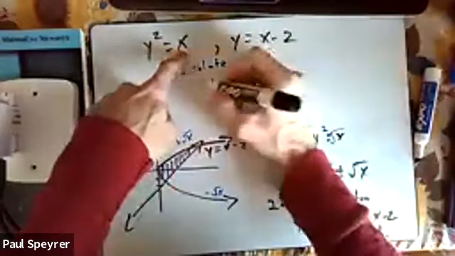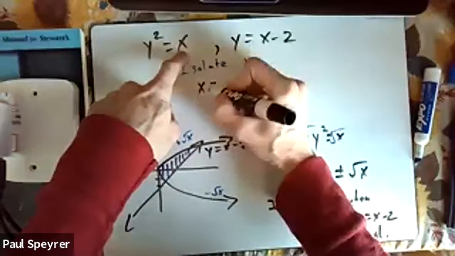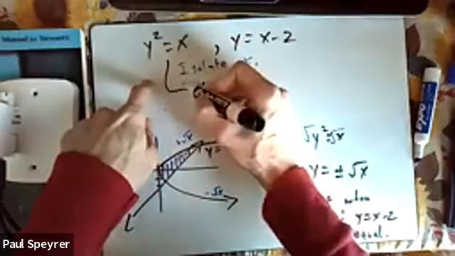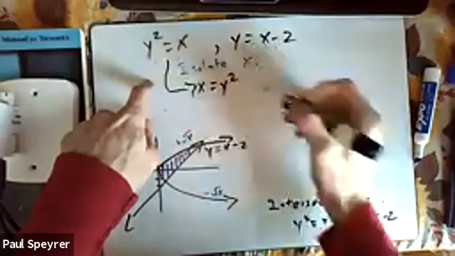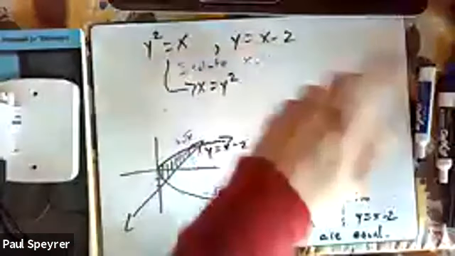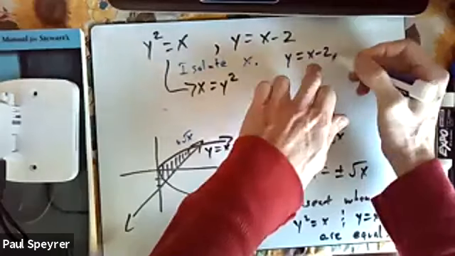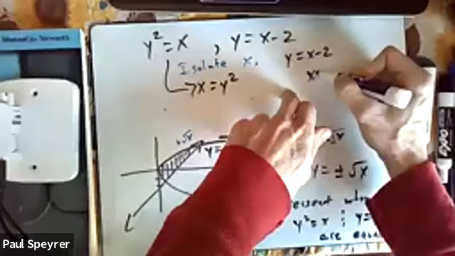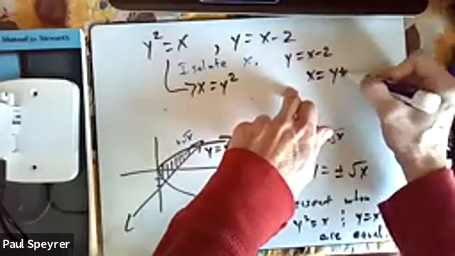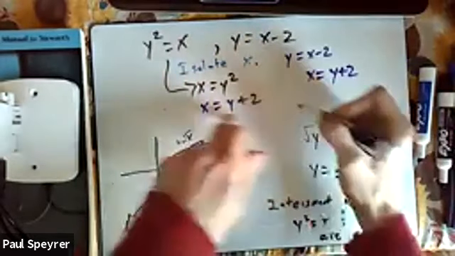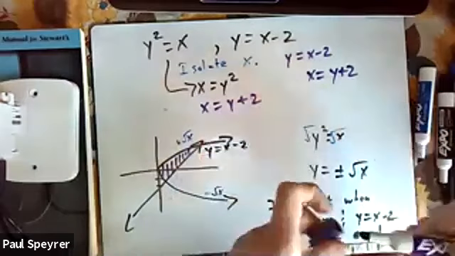We have x equals y squared. That's done. How do we isolate x in the other? If we have y equals x minus 2, then x equals y plus 2. So that's our second equation.